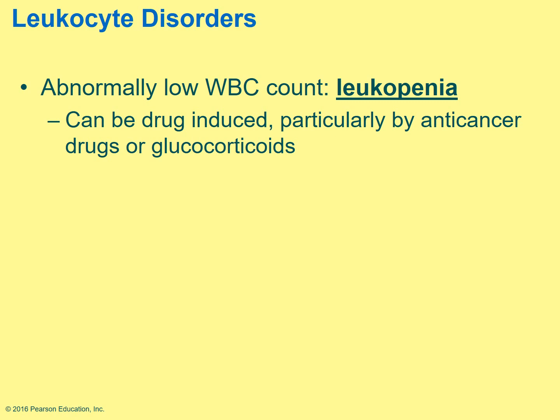Leukocyte disorders. An abnormally low white blood cell count is leukopenia. It can be drug-induced, oftentimes by anti-cancer drugs, because the white blood cells play a role with the immune system.